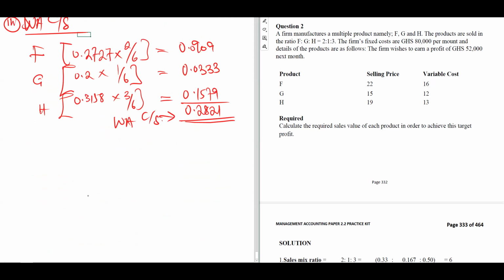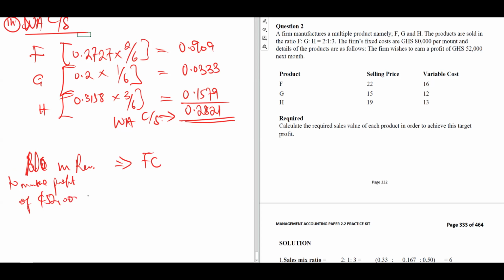So all you have to do is, if I want my break-even point in revenue, right? No, it is number of units to make, or revenue to make profits of 52,000, right?